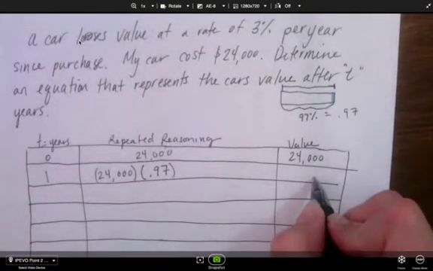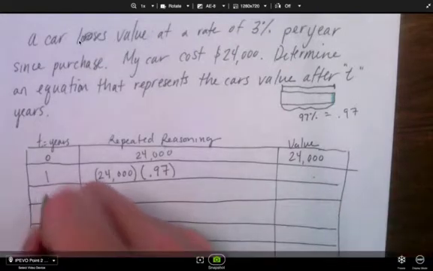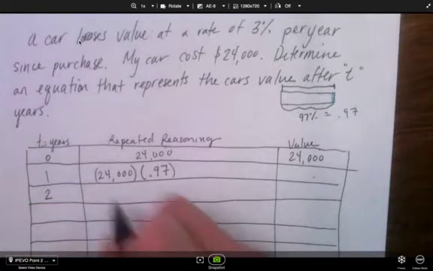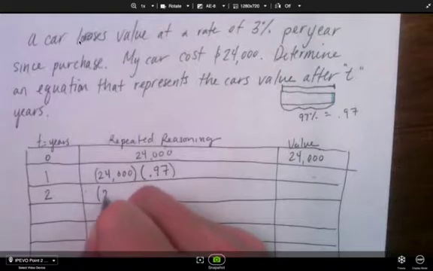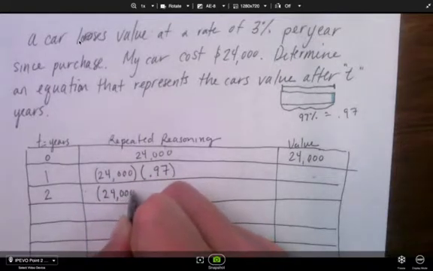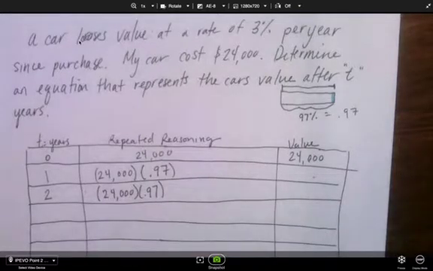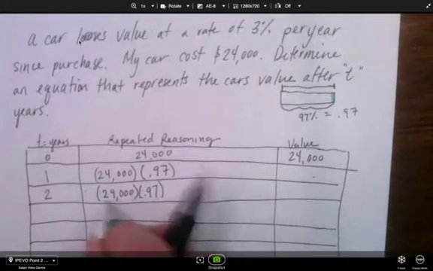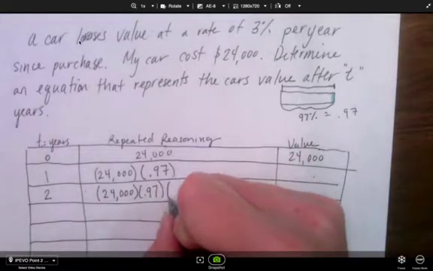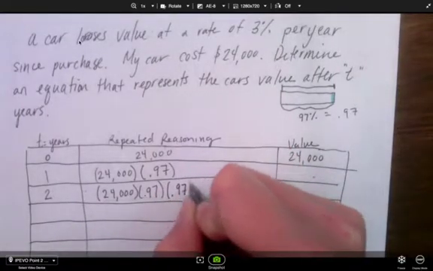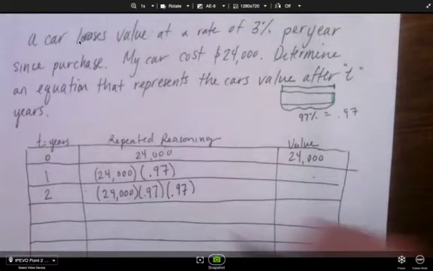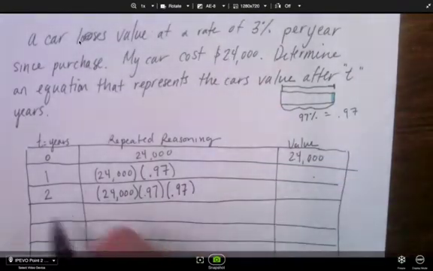And again, that's not the purpose of this activity. You can calculate that if you want to. After 2 years, we had 24,000 and it kept 97% of its value. That was year 1. And then we're going to take 97% of that, right?